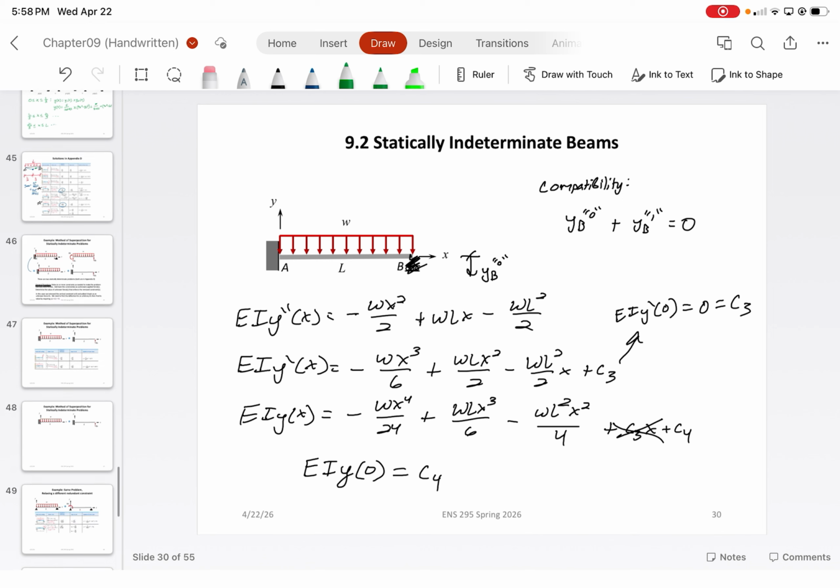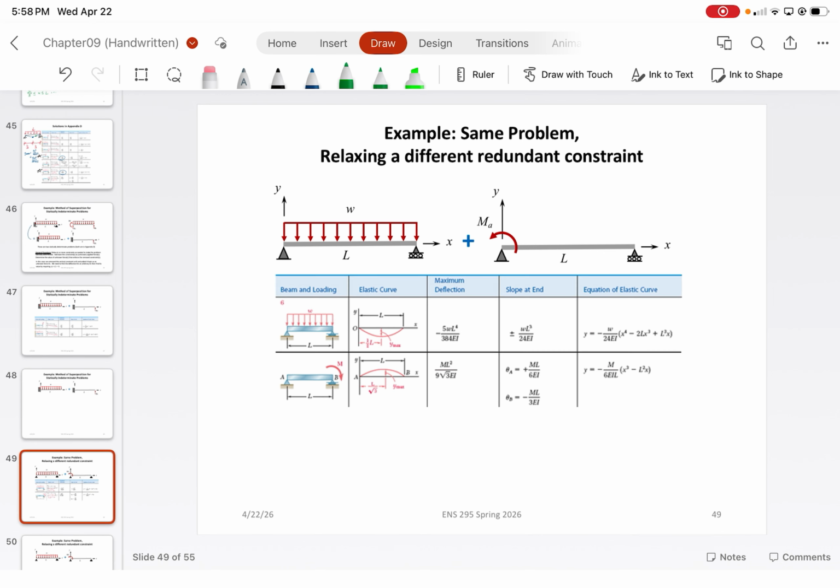That was our redundant. There's really no requirement for what the redundant has to be, just as long as you remove the number needed to solve for the degree of indeterminacy. In this case, the degree of indeterminacy was 1, so as long as you removed one redundant that kept the system stable, you were fine.